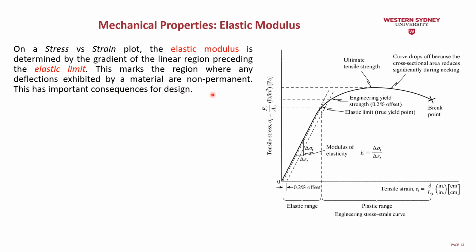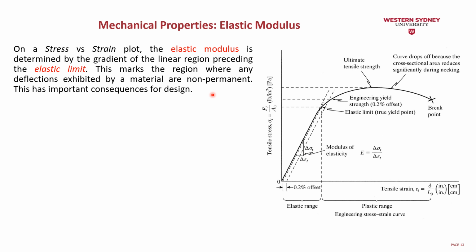So usually we design a material either to remain in the elastic region, like for example the suspension of cars, where we have a spring in the system, so we need it not to be permanently deformed, so we need to design it not to exceed the elastic region.